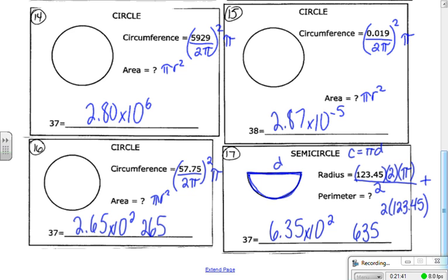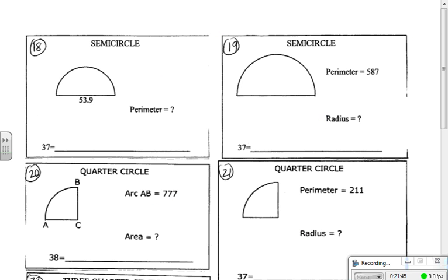Got a few more semicircles. We've got the diameter, and we want to find out what the perimeter is. Very similar to the last one. You still have to find half of your circumference. So circumference is pi times diameter. But then we're going to have to divide it by 2 to get it for a semicircle.